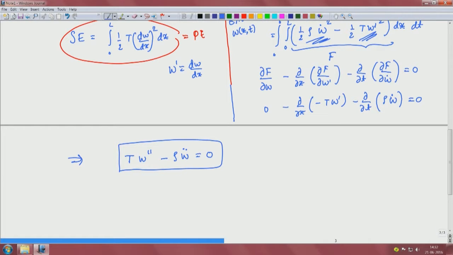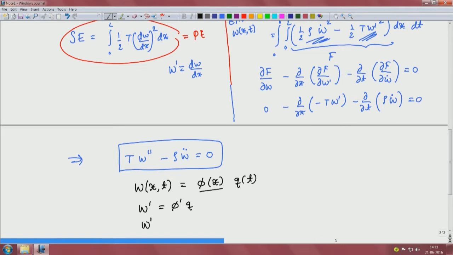Now, in order to solve this, we assume separation of variables, meaning we will assume that w(x, t) has a separate space part, that is the x part, and then the time part. If you do this, w prime will become phi prime q, because only this has x, this does not.